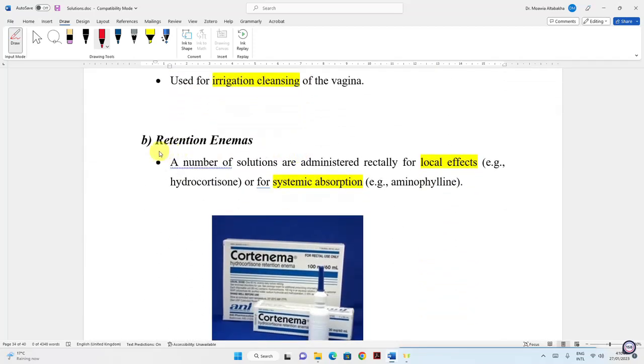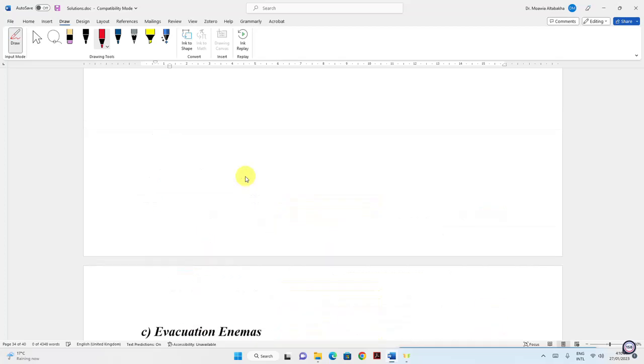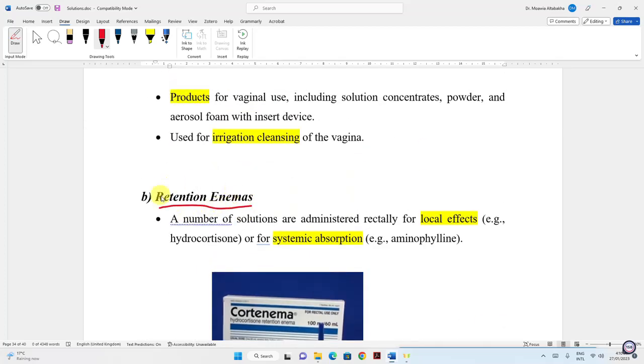This comes as retention enema and evacuation enema. Both are different. Okay, retention enema is when the solution is administered rectally for local effect in the rectum. For example, when you are using hydrocortisone or an anti-inflammatory drug, as in the case of hemorrhoids.